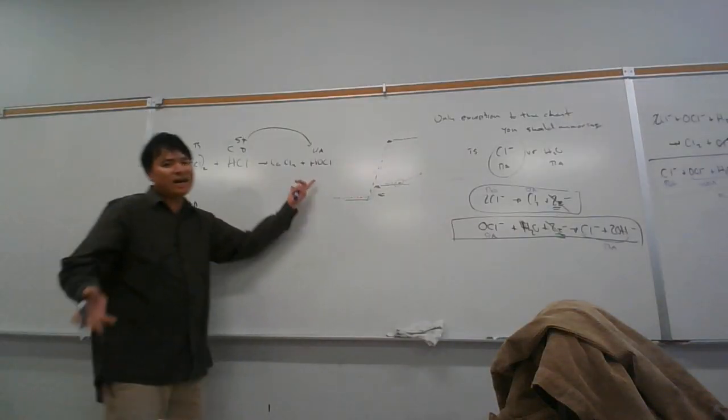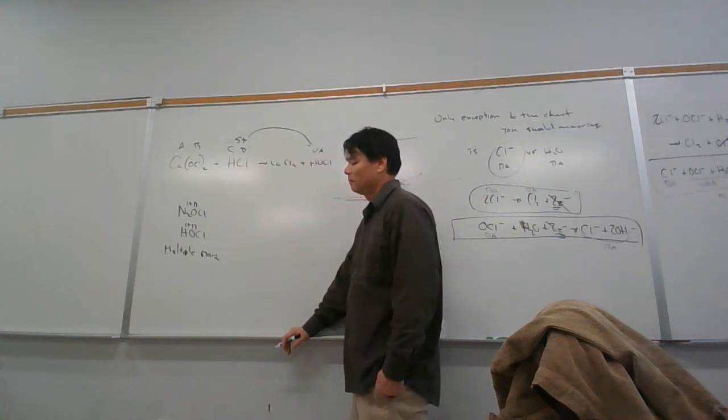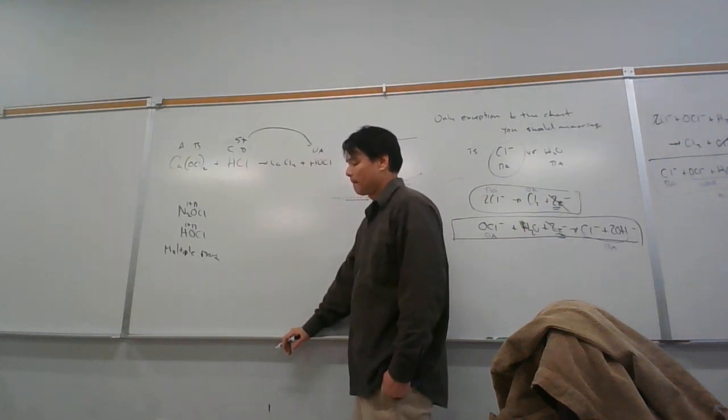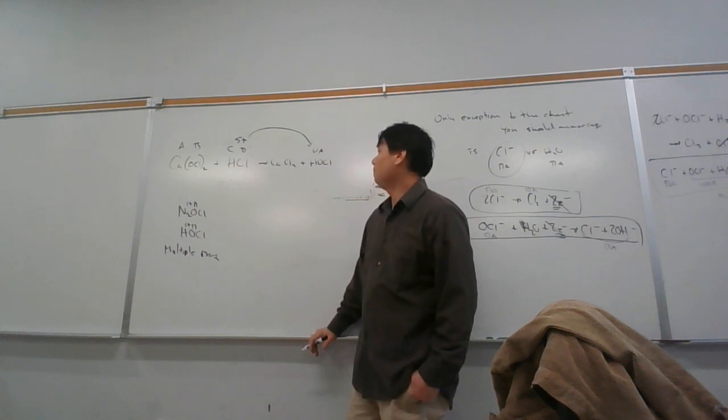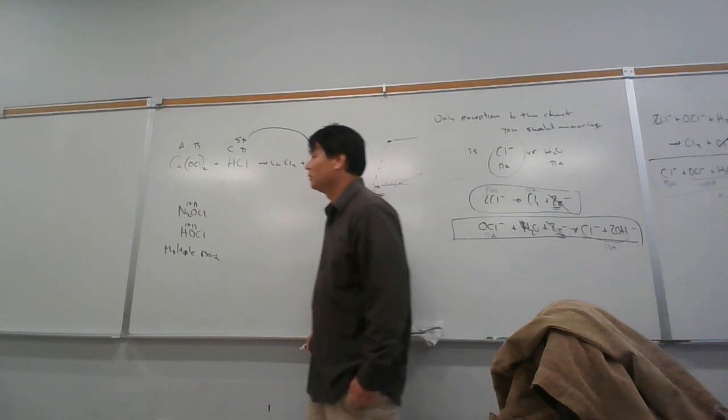If we form hypochlorous acid, it doesn't really change things that much. This is something you learn in Chem 1B. You learn about speciation of it.